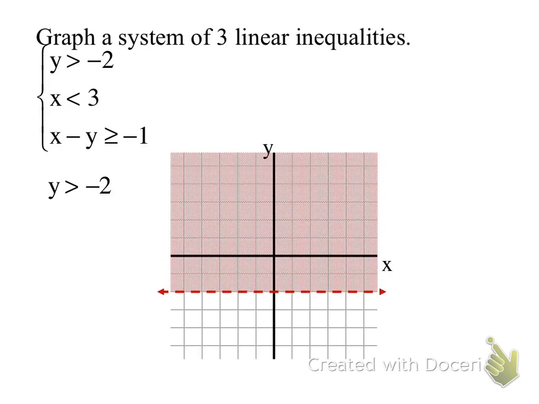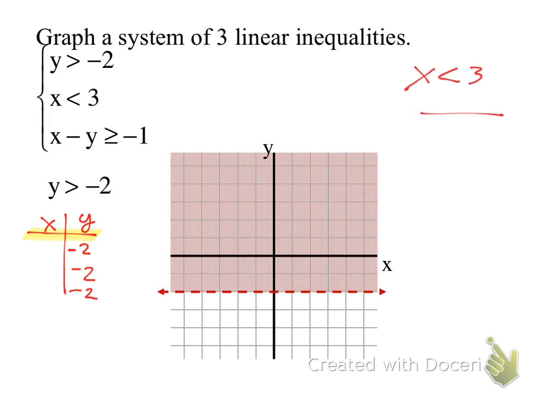If I make my table, in that one I'd be doing x, here's y: -2, -2, -2. On the other equation, x is less than 3. I'm going to be making my table 3, 3, 3, and I choose these others. Does that make sense? Okay.